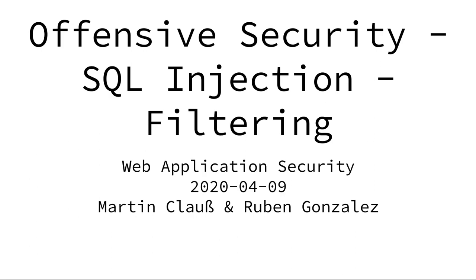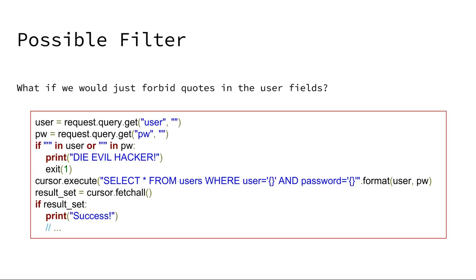Okay, so we've seen that SQL injection is a threat, so as an application developer, you might want to include a quick fix. You don't want to rewrite your entire application, so you add a filter to mitigate SQL injections. A first thing we could do is, well, here we have quotation marks.